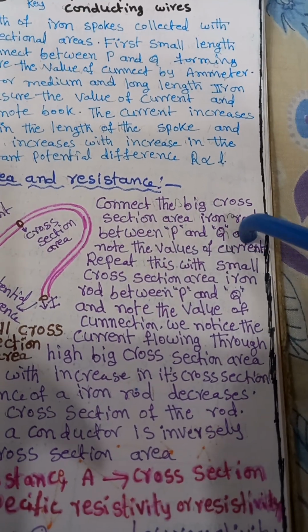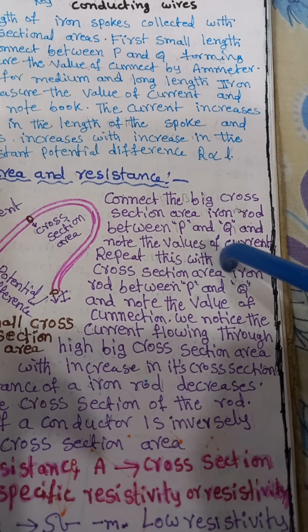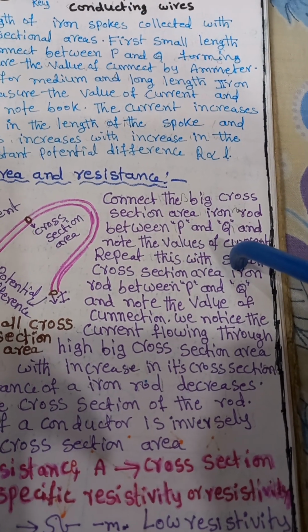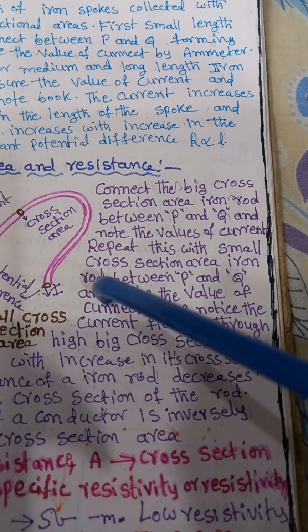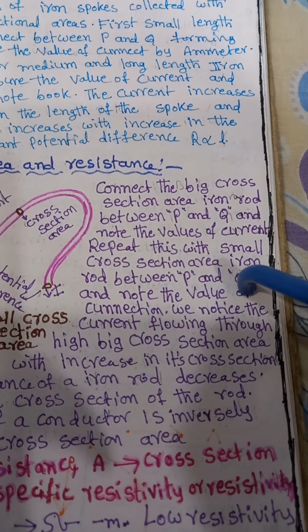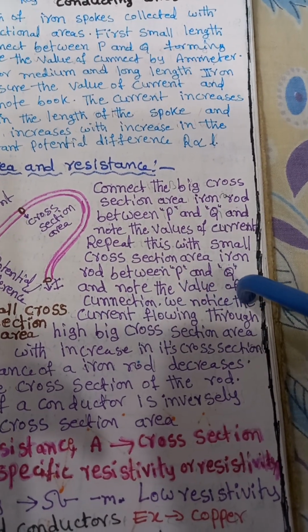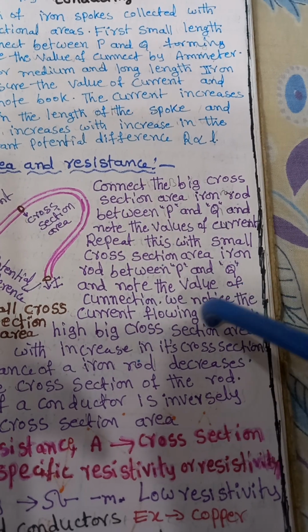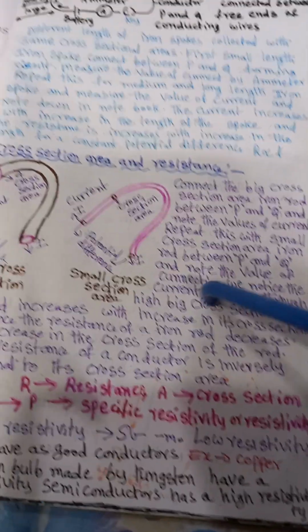Connect the big cross section area iron rod between P and Q and note the values of current. Repeat this with a small cross section area iron rod between P and Q and note the values of current.